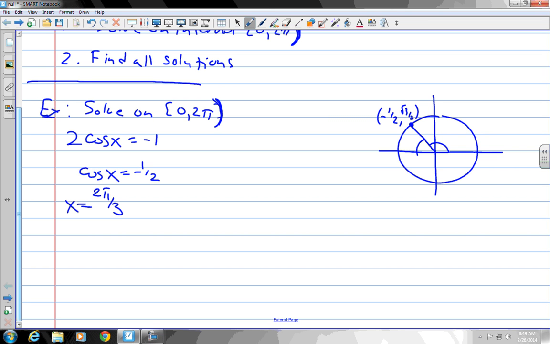Yeah, if I go straight down, here's another solution. The y value doesn't matter since we're solving for the cosine. So what is this going to be?